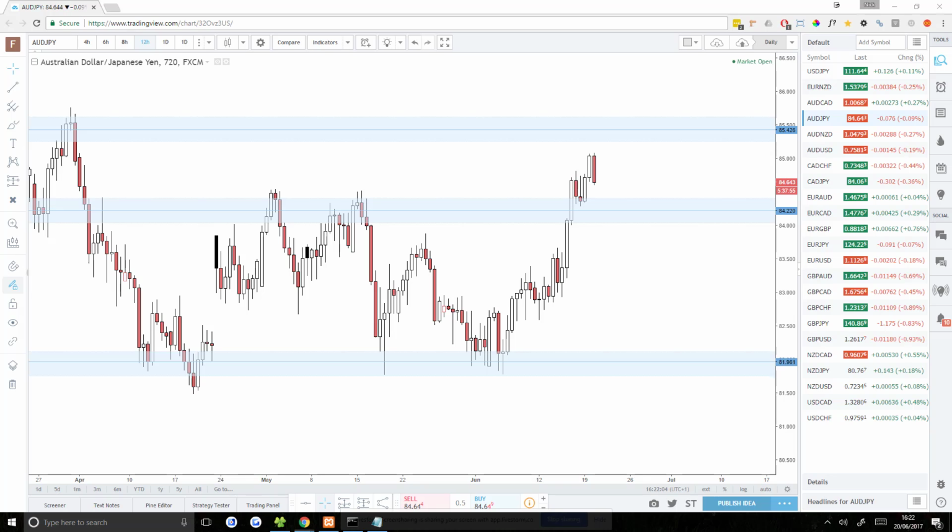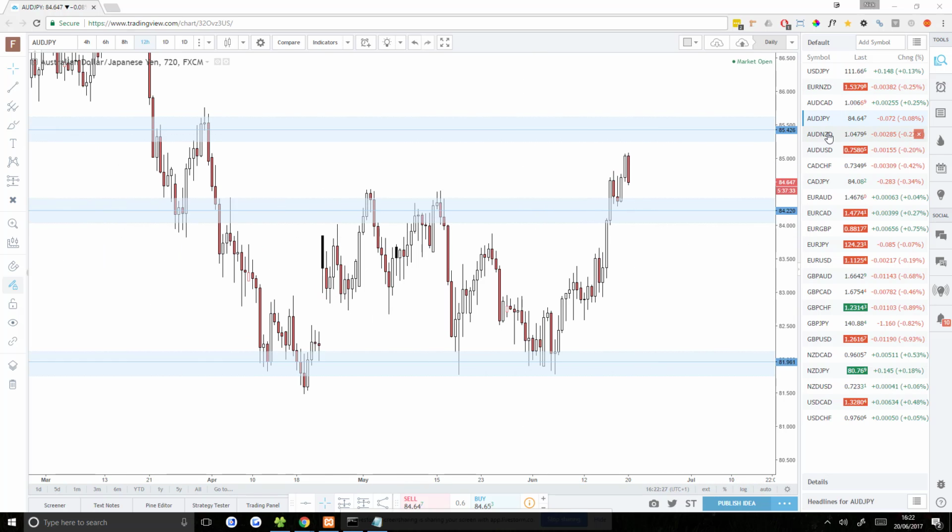Let's keep a close eye for a potential continuation setup on here. So we could be seeing something like this. We've already had that kind of setup on AUD-JPY here, but I don't think that was really a decent enough setup to enter, but we could be getting a second attempt here. Something like that happening. So keep a close eye. It looks like it's coming back to the support area, and it's probably going to find support at this area. So let's keep a close eye and see how it plays out.